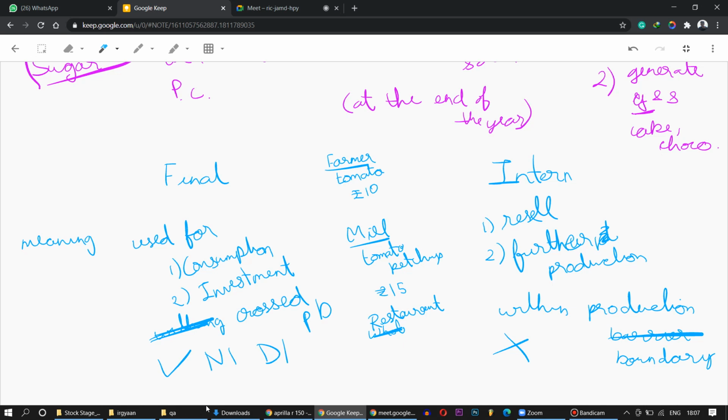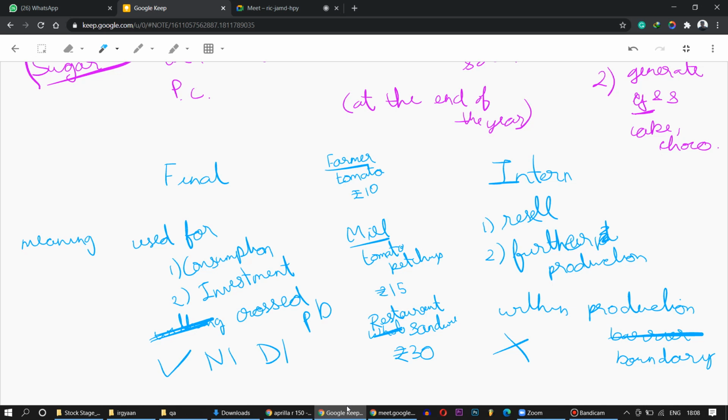Give some food item. Sandwich, great. This restaurant is selling sandwich at ₹30. Okay? So now here the production barrier is what? The production barrier here is up to what?